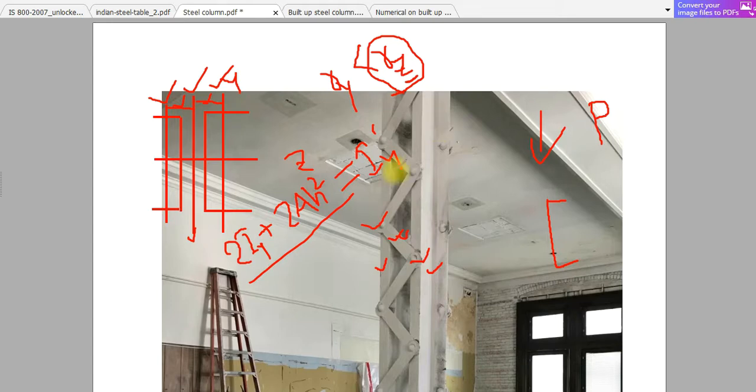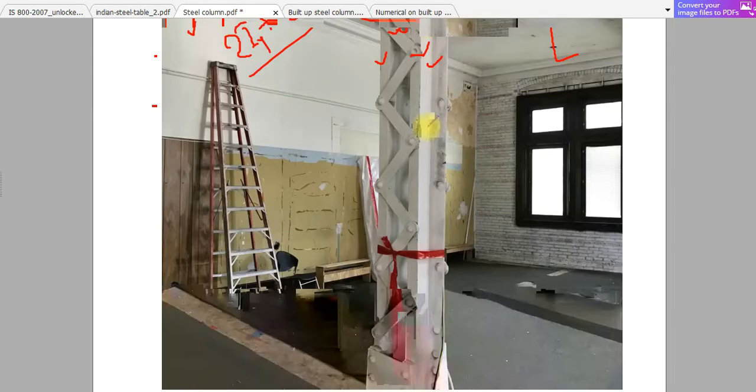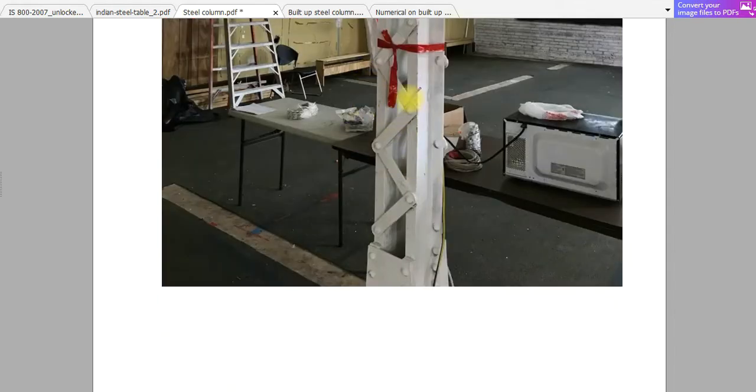Basically what we are doing is increasing the moment of inertia about this y-axis by this equation. If we are increasing the moment of inertia about this y-axis, we are increasing the radius of gyration about this y-axis, which makes it stronger about this y-axis, right? Now what I was saying, in this type of column or compression member, only one section is not sufficient.